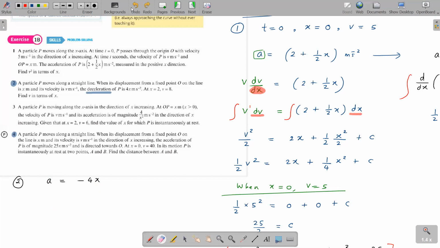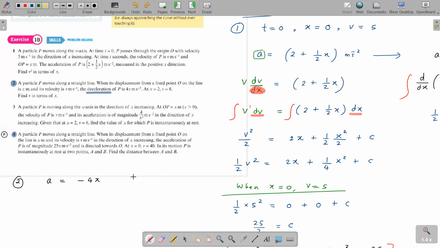So what do we do then? When acceleration is a function of displacement, we have a special equation devised specially for this problem.